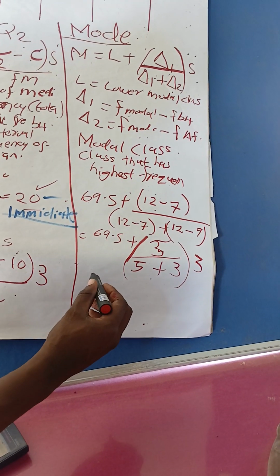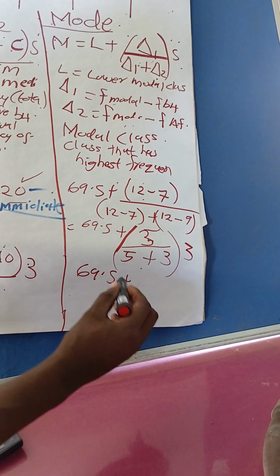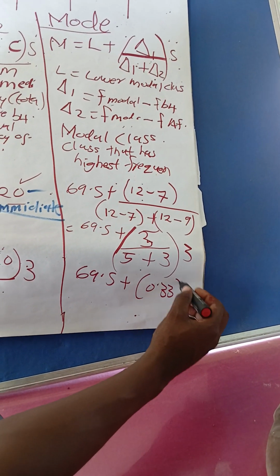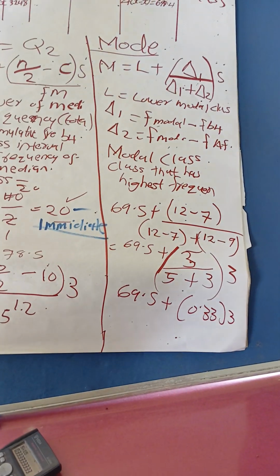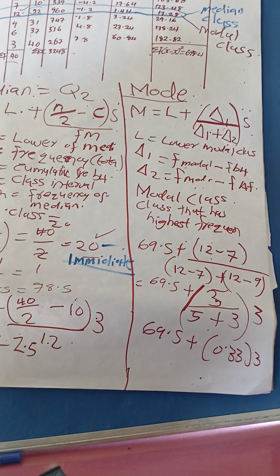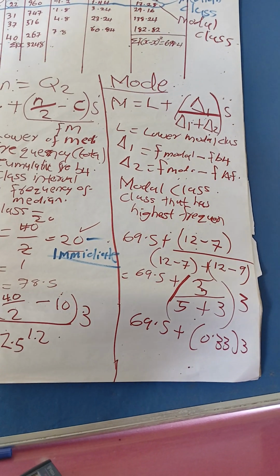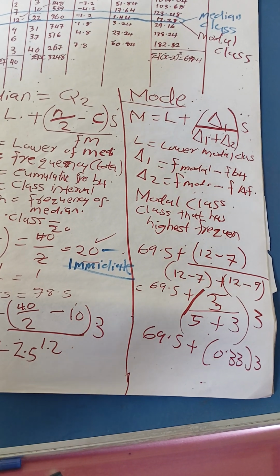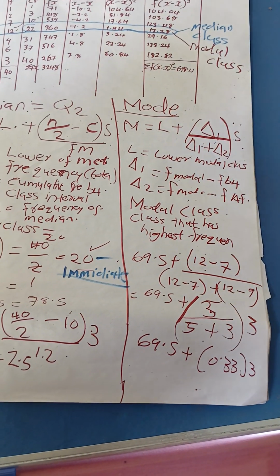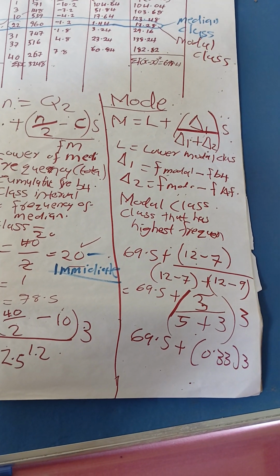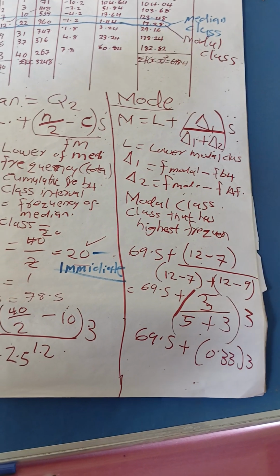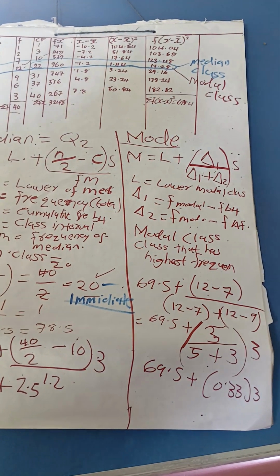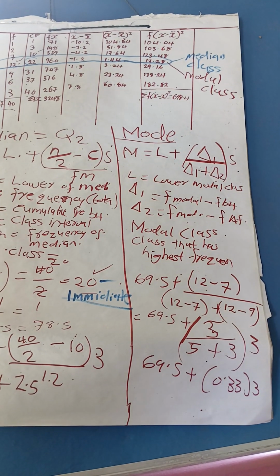So it will be 69.5 plus 0.33 multiplied by 3. 0.33 multiplied by 3 we have 0.99, plus 69.5. Yes, we'll have 70.49.